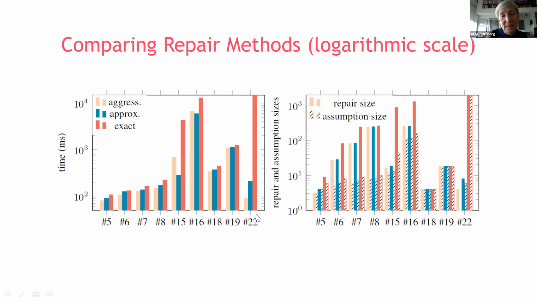For instance, the extreme case is number 22, in which the exact repair eliminates one run at a time, and we have infinitely many counterexamples, and therefore it doesn't stop at all. Well, when we apply the approximate or the aggressive repair, they stop quite quickly.